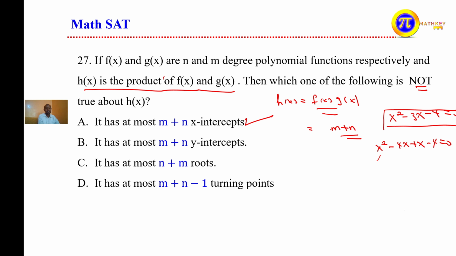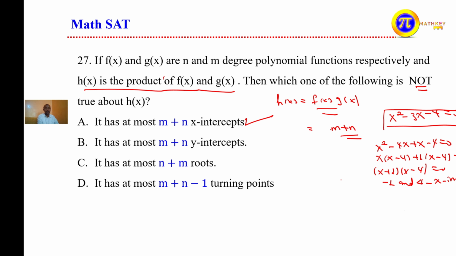When you take the common factor, x times x minus 4 plus 1 times x minus 4 is equal to 0. The factors are x plus 1 times x minus 4 is equal to 0. The x-intercepts are negative 1 and 4.